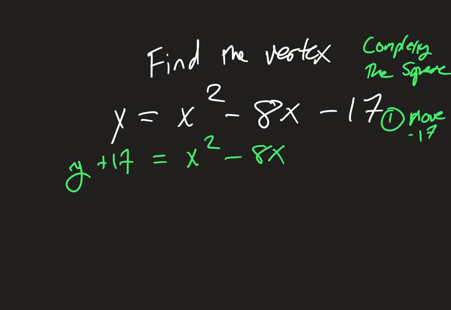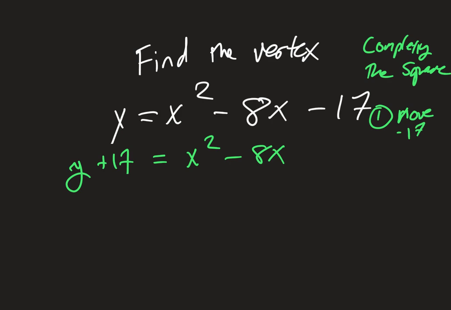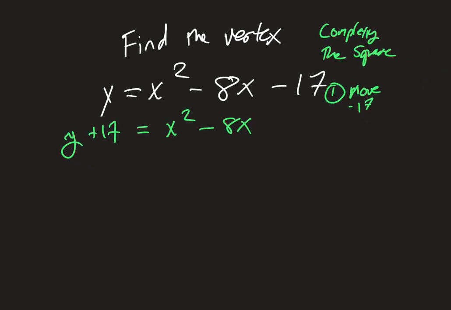The reason why is that at the end, the standard form, y minus h equals a times x minus k squared, is a parabola.